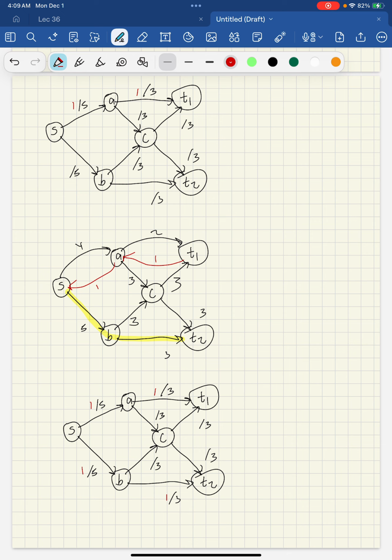Because again, if we were to augment along an S-T2 path, then our flow into T2 would be 2 more than our flow into T1. And so we stop if we can't find an S-T1 path in our residual graph. And similarly, if we have V2F being 1 less than V1F, we stop if we cannot find an S-T2 path. And so that's the final flow F we end up with, and that's what our algorithm returns.